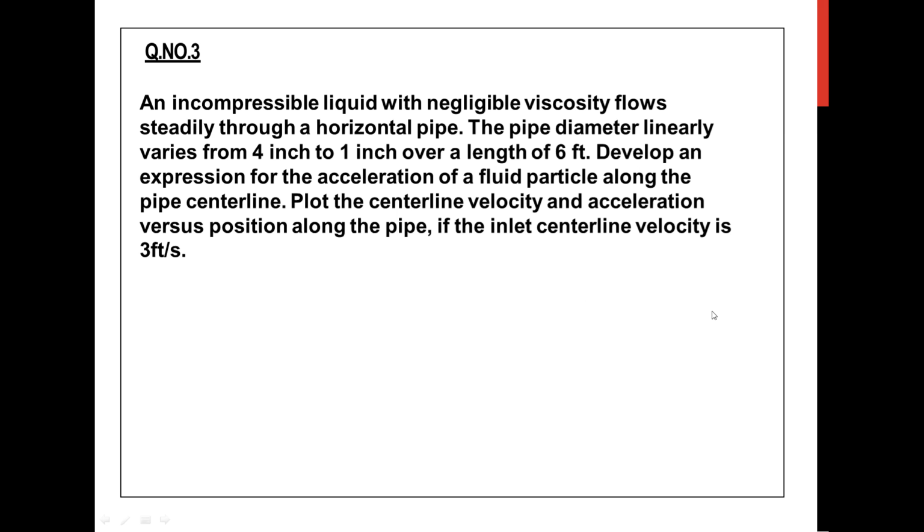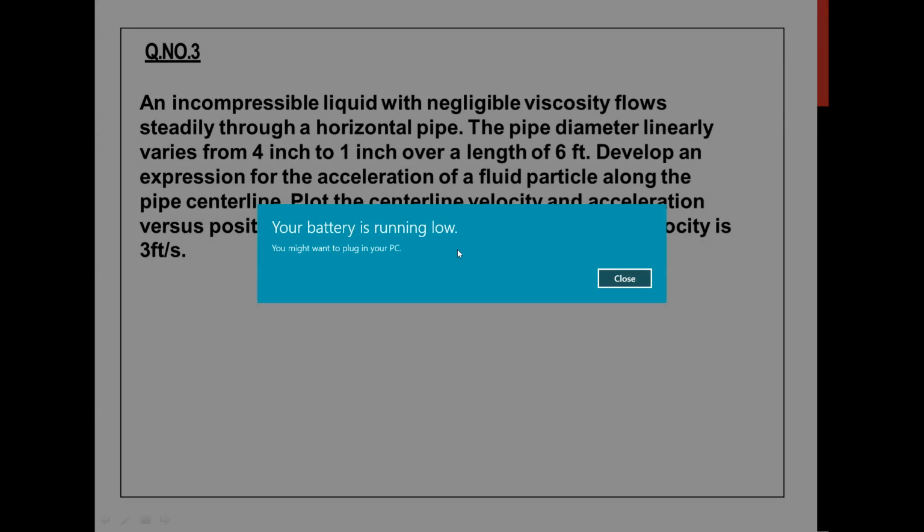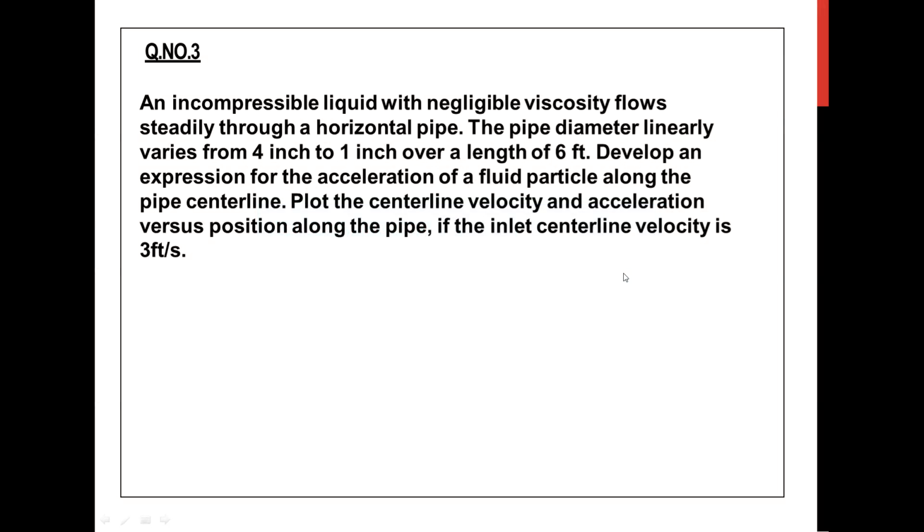Here the inlet central line velocity, that is in the beginning when liquid is entering the pipe, the velocity is 3 feet per second. And here we have to find an expression for acceleration along the pipe central line.